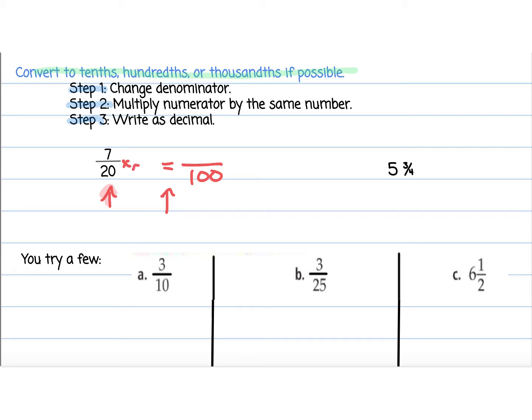So I know that 20 times 5 gives me 100. So to again keep it equivalent, I have to multiply my numerator by 5. 7 times 5 is 35. So 7/20ths is the same as 35 hundredths. Then remember, I wanted to write it as a decimal. So then I read that 35 hundredths, that's the same as 35 hundredths.